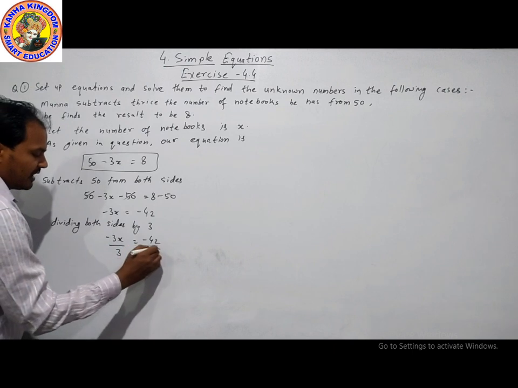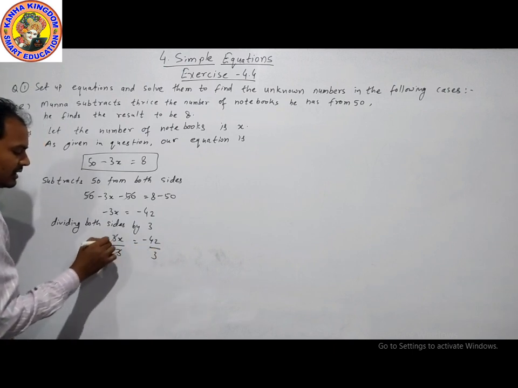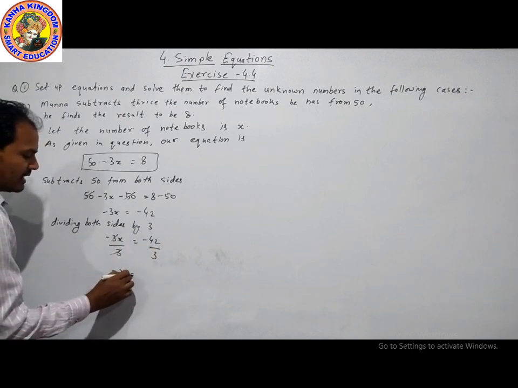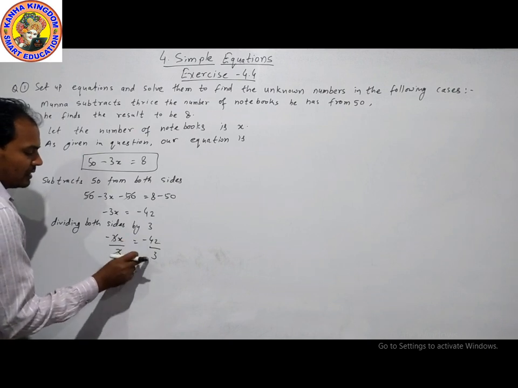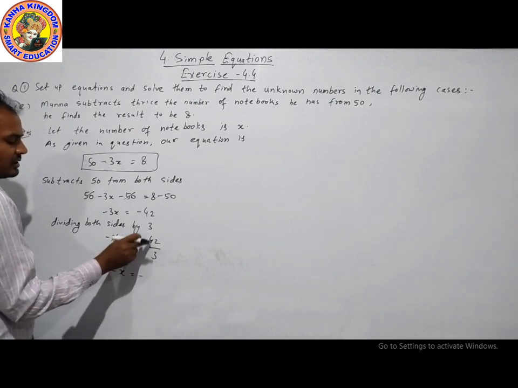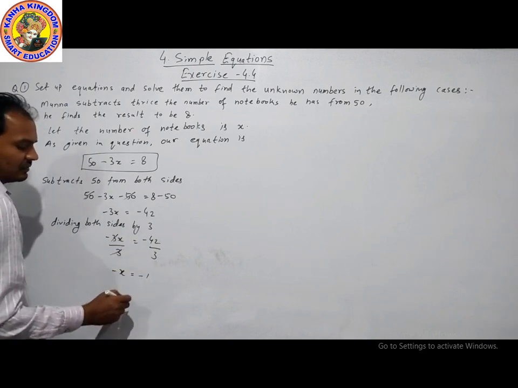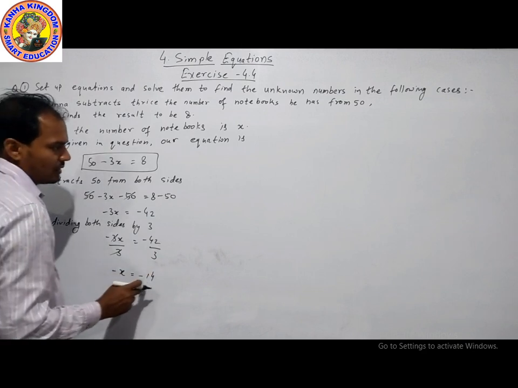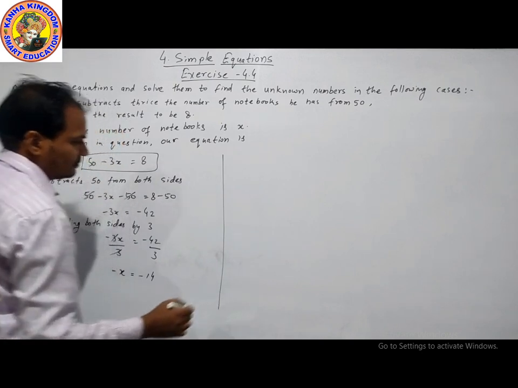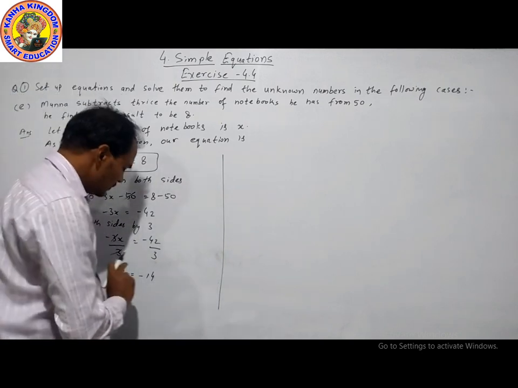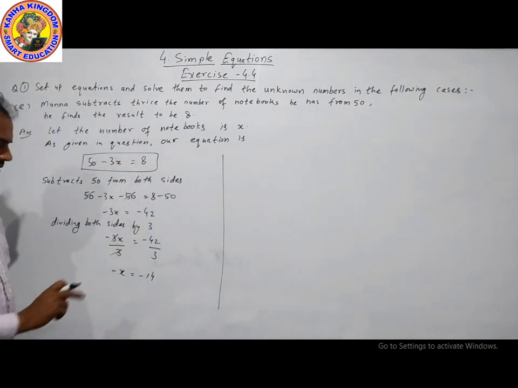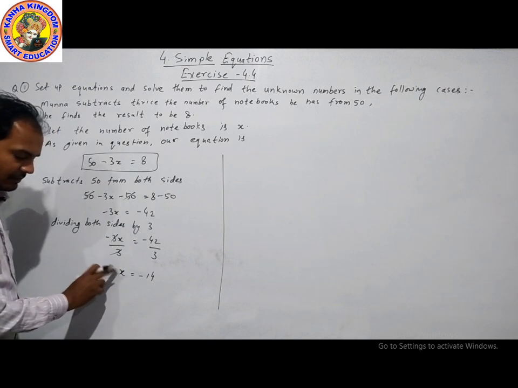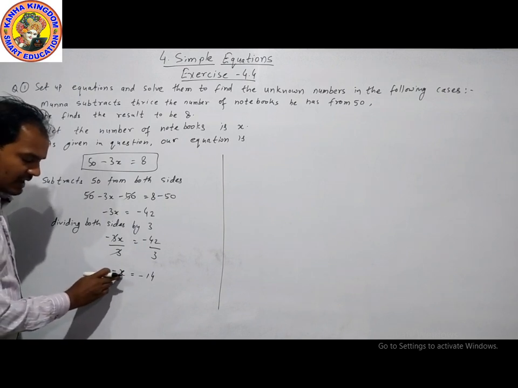Now we will divide by 3. 3 and 3 cancel. Minus x is equal to minus, dividing 42 by 3, 1 time and 4 time, minus x is equal to 14. Now how to remove minus? This is minus 1 time x.